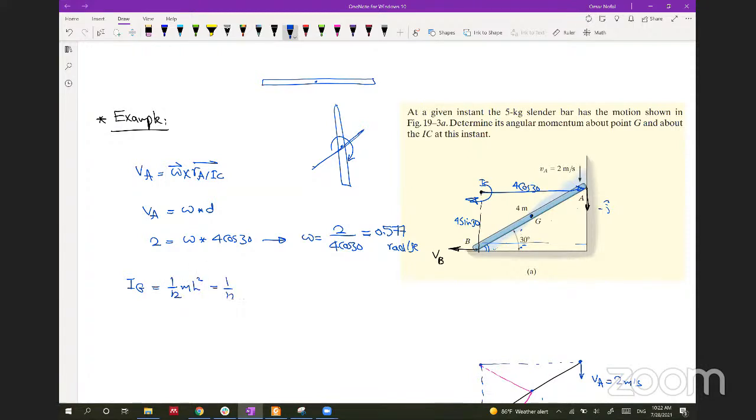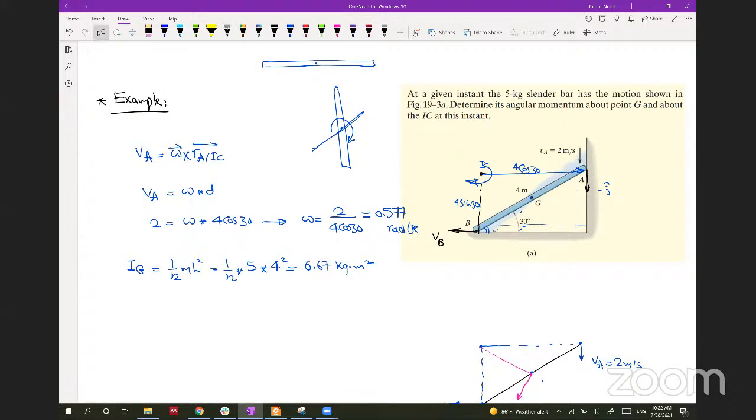So it will be 1/12 multiplied by the mass, 5 kilograms, and L is 4. This will give you 6.67 kilogram meter squared. So this is I_G.